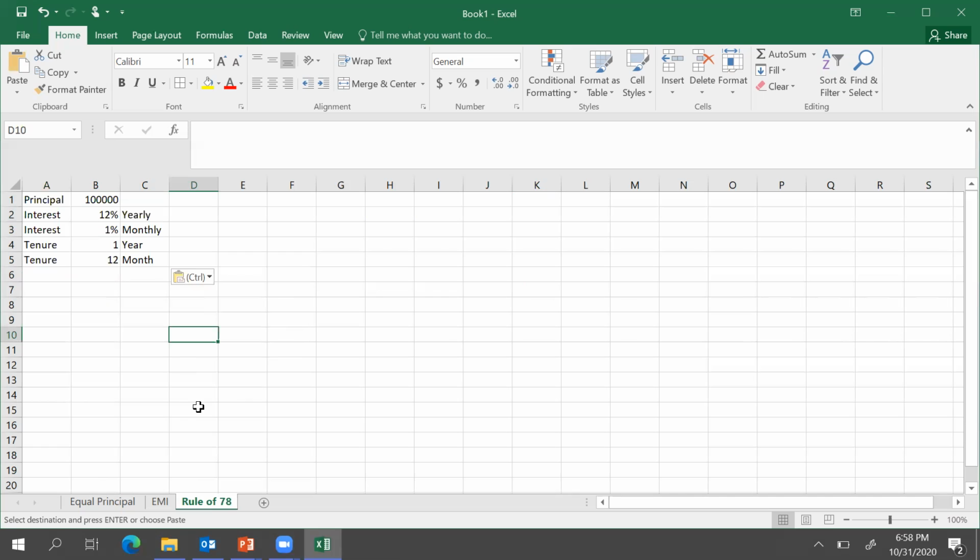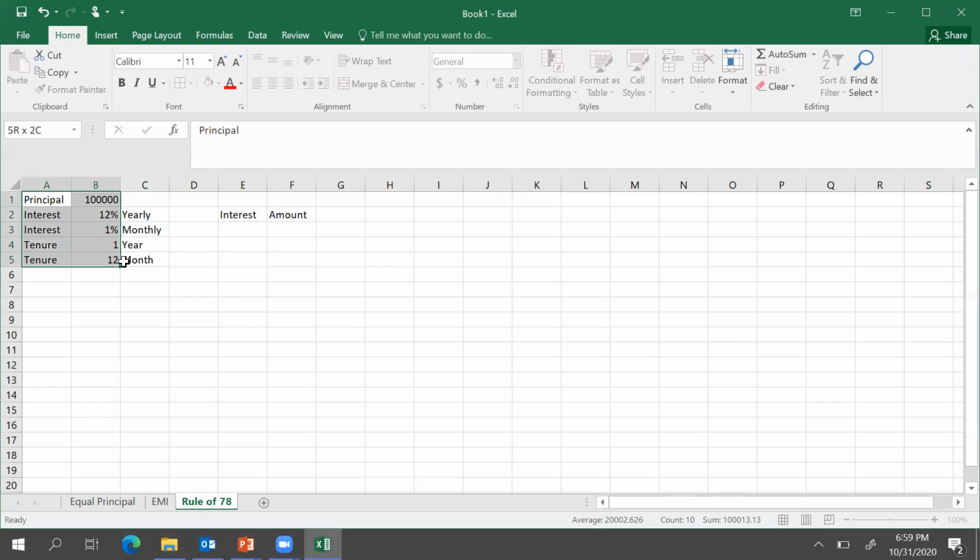Now in the rule of 78 you need to understand one thing, that the bank by itself only decides the interest in amount terms. I have taken this from the EMI sheet, my last sheet, but they would have already decided the total interest amount that they have to recover from you.